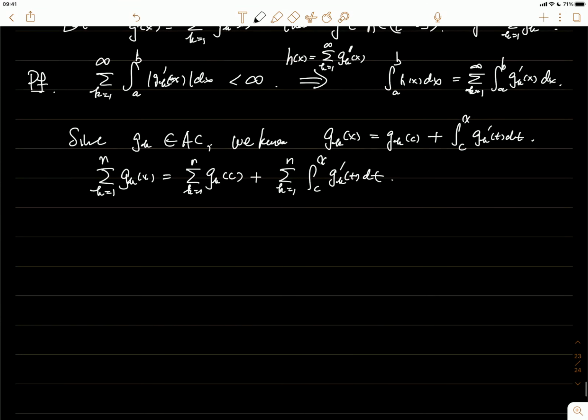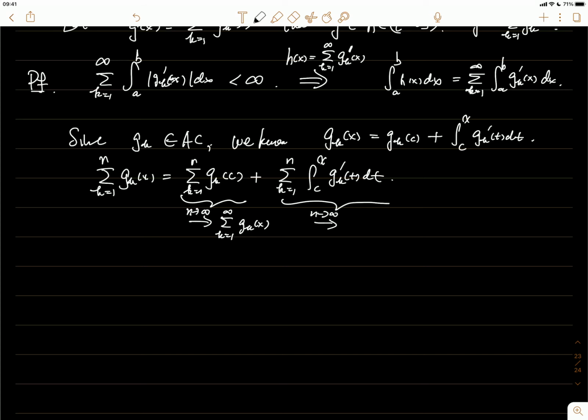Now, this one goes to the sum of this series when n goes to infinity, and this one also goes to the infinite sum as n goes to infinity.